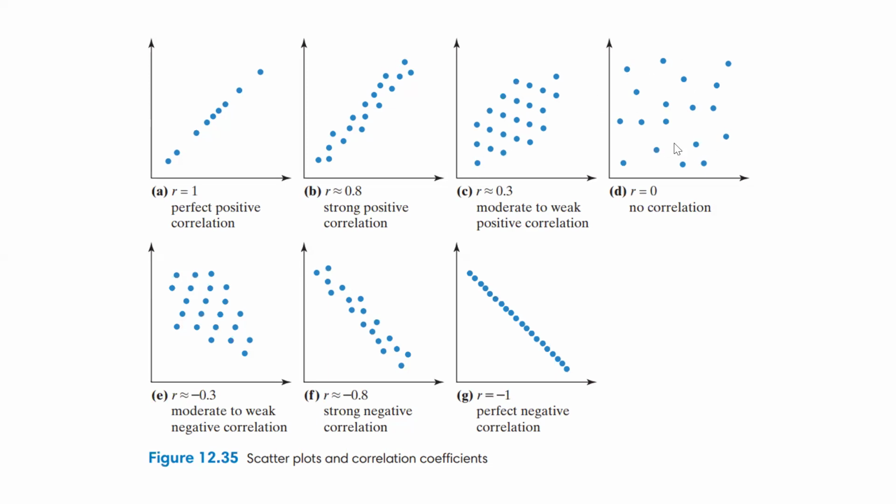Now, this is kind of a shotgun pattern. We can't tell if there's anything there. It's not positive, it's not negative, it's just no correlation at all. Here, if we draw that line going down, it's a negative correlation, but very weak. This is a stronger negative correlation. And that's the perfect negative correlation.